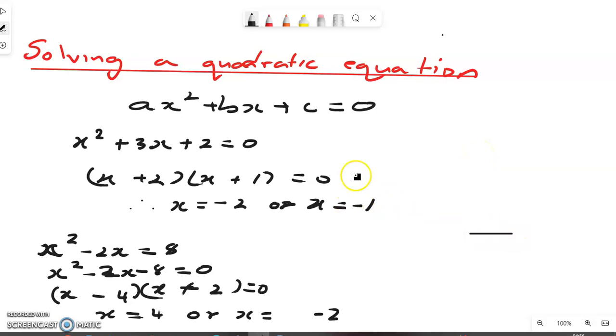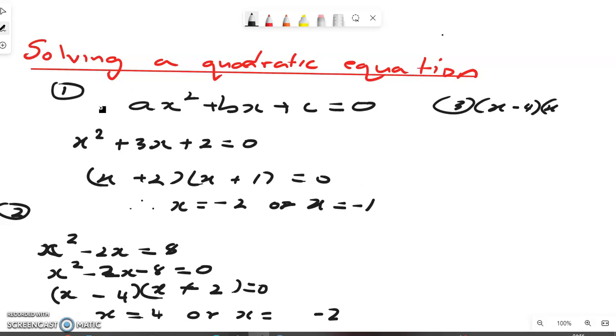Okay, so we can continue to look at other examples. Let's take another, for number 3, we are given x minus 4 into x minus 5 is equals to 0.